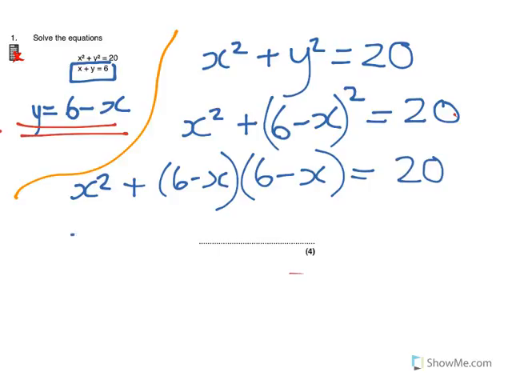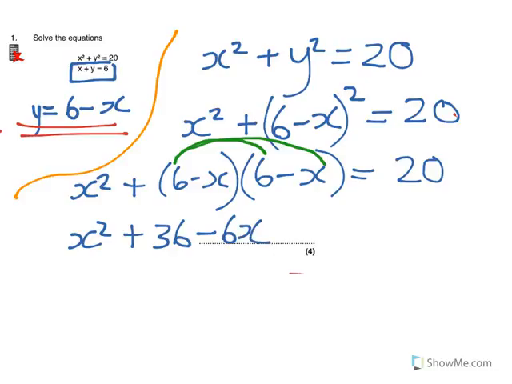So to begin with, I'm just going to bring down that x squared again, and then start to use FOIL here. So I have the firsts, 6 times 6, which gives me 36. And then the outsides, which is 6 times minus x, which will give me minus 6x.